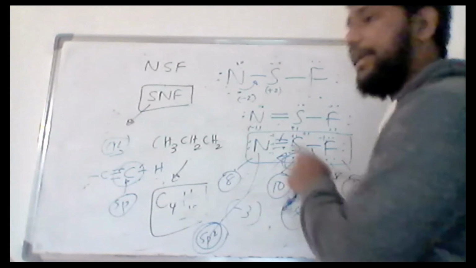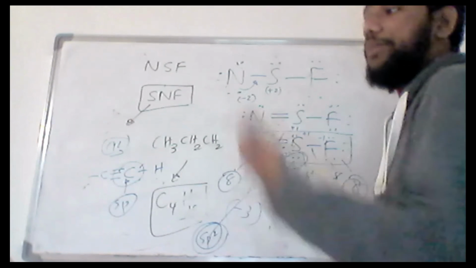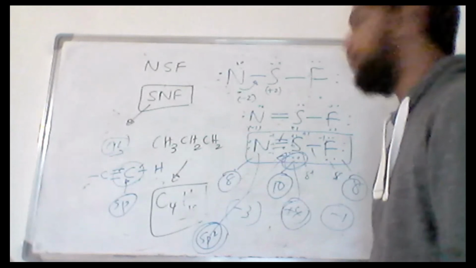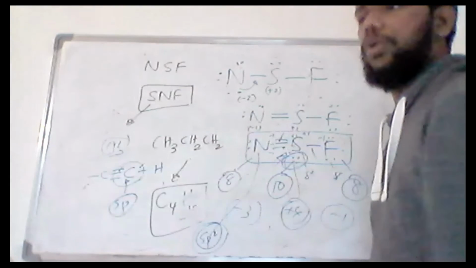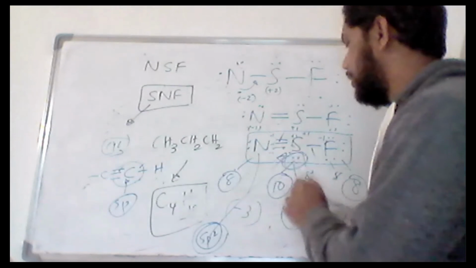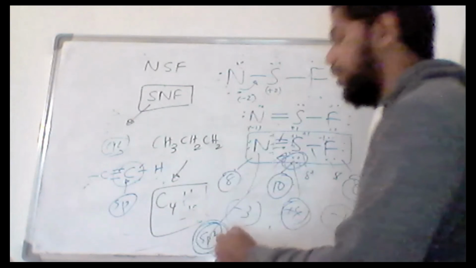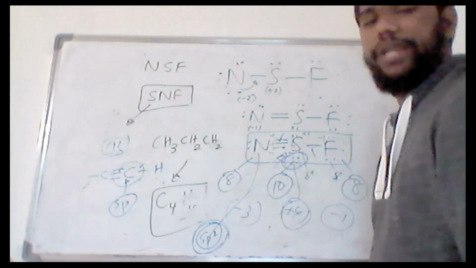You would think the additional electron might be present in the unhybridized p orbital, but there is no unhybridized p because all the electrons are already occupied. So the additional 2 electrons should be in an sp2 hybridized orbital.